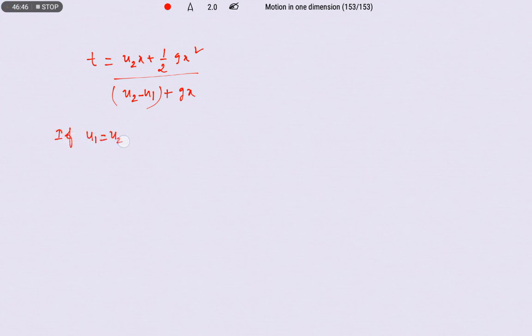Right, if u1 equals u2, that is equal to u, we will take. That means if the two objects are thrown with the same velocity in vertically upward direction, therefore we can write u in the place of u1, u2. So t is equal to ux plus half gx square. So u2 minus u1 will be 0 plus gx.